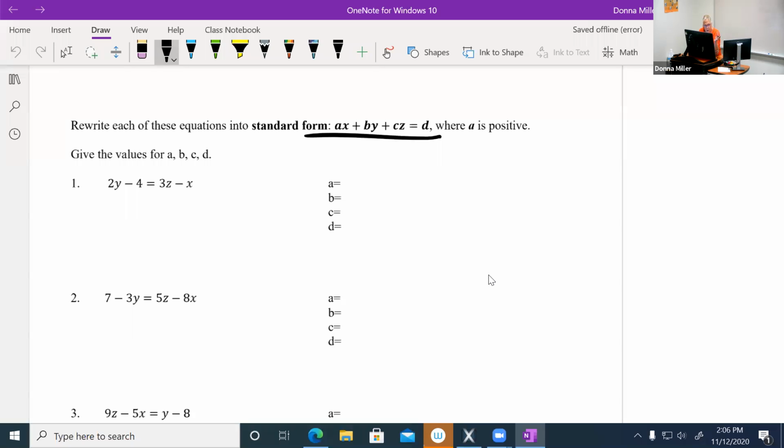I see a -x, so to move it over, I'm going to add x to both sides. You see that I'm just changing the sign. So to move it, just change the signs: the -x becomes a +x. And if I want to move the Z to the left, I'm going to subtract it, so positive becomes negative.